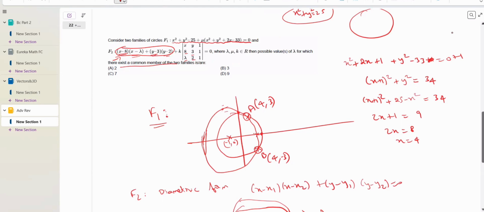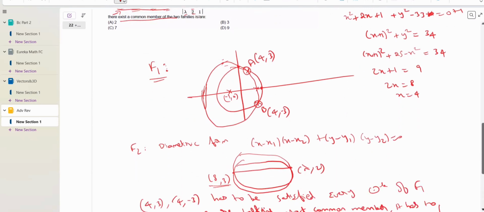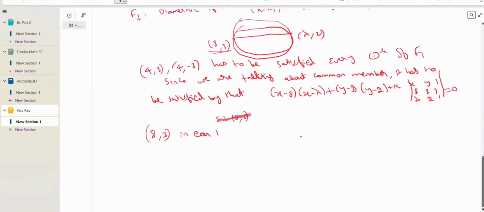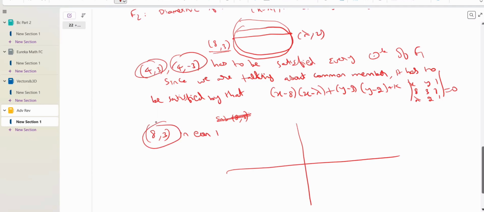Yes, sir. As 4, 3 and 4, minus 3 are symmetric above and below the x-axis, the center shall be on the x-axis. So for the circles that we are actually interested in, we got 3 common points, actually 4 points, but we didn't know the lambda value. What we have surely got is that the common member will be passing through 4, 3, 4, minus 3, and 8, 3 as well.